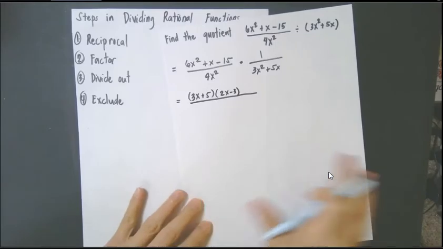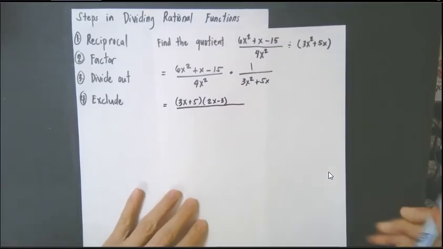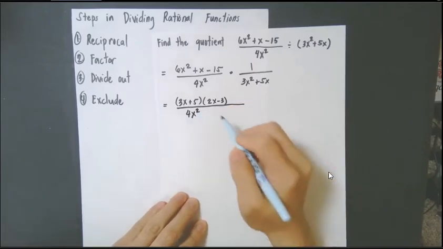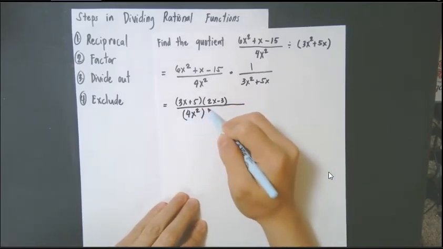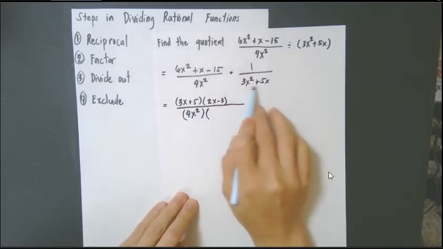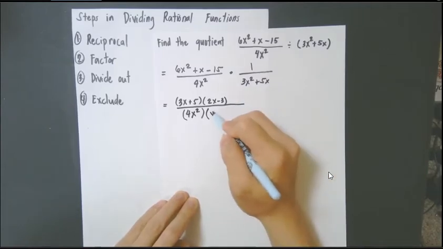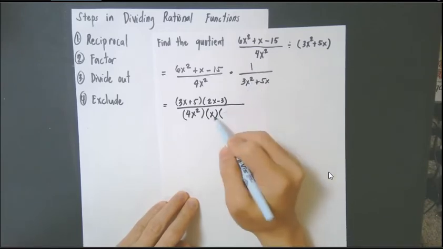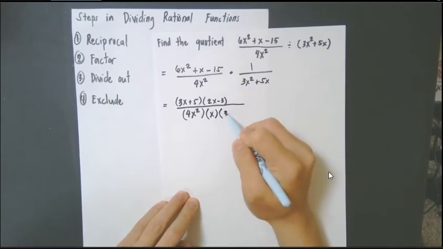For x squared, we need to factor that out. What's the common factor of 3x squared plus 5x? That's x. Pull that outside. So 3x squared divided by x is 3x.